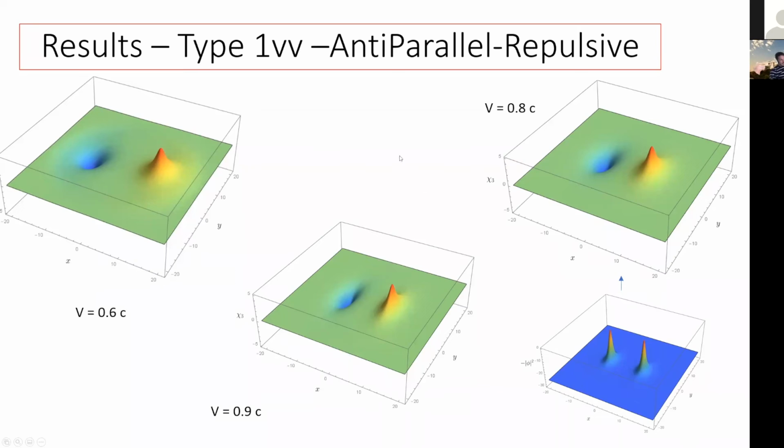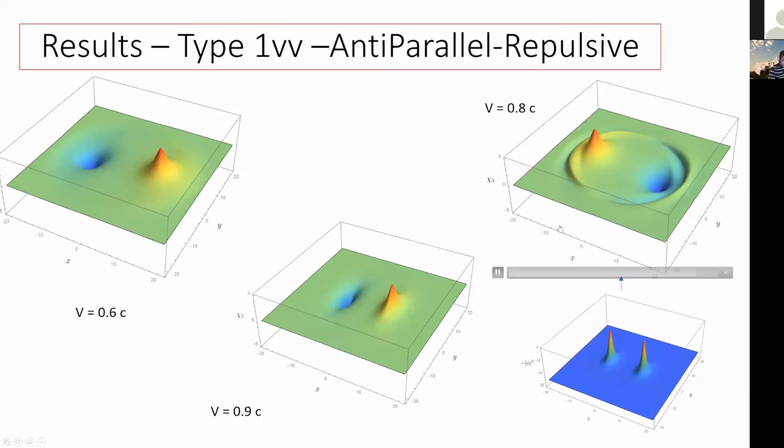If I send them at a little higher speed, not 0.9, 0.8, then I find a new interesting phenomenon that was never observed before. They find each other, and somehow they interchange their orientations, but they don't scatter.